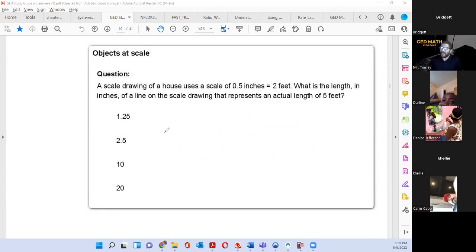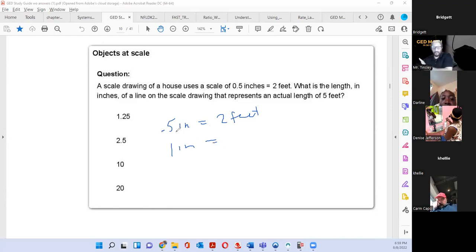Watch this. If I know a 1/2 inch is equal to 2 feet, what's 1 inch? Listen to what I'm asking you. If a 1/2 inch is 2 feet, how much is 1 inch? Let me repeat the question again.